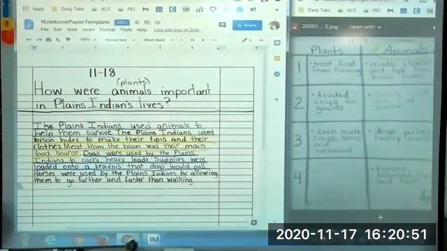Okay, so horses were used by the Plains Indians by allowing them to go farther and faster than walking.